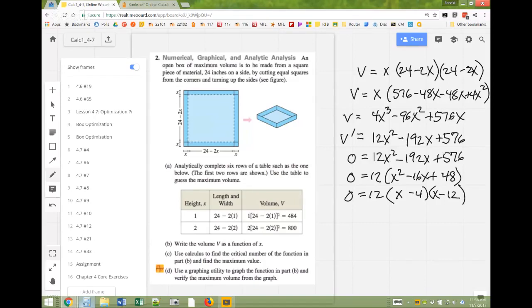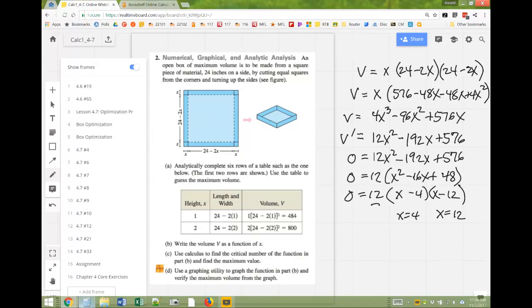If you multiply that, negative 4 times negative 12 is plus 48. Negative 4x plus negative 12x is negative 16x. So that works. Okay. So now, why it's set equal to 0. So what do we need to get a 0? Well, the 12 is never going to be 0. But one answer that'll work is x equals 4. And the other answer that would work is x equals 12.